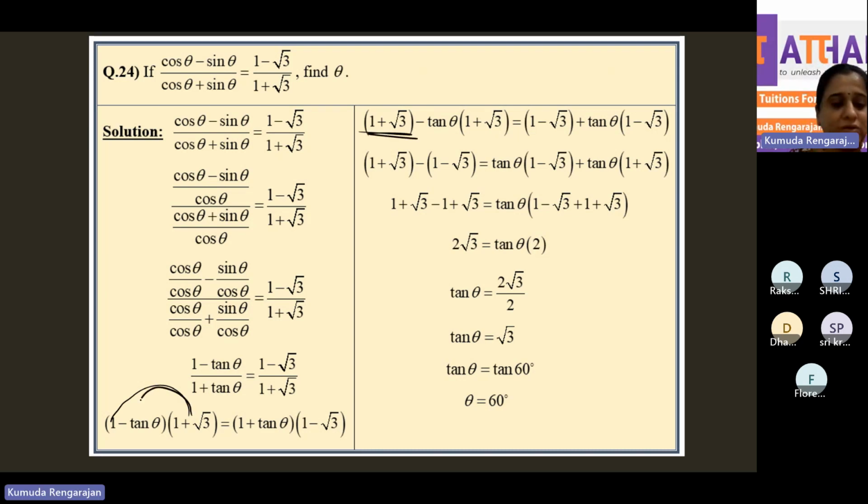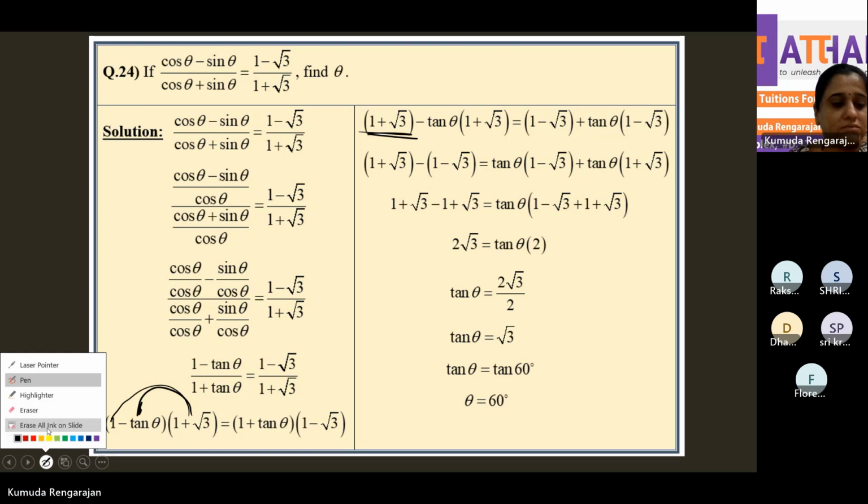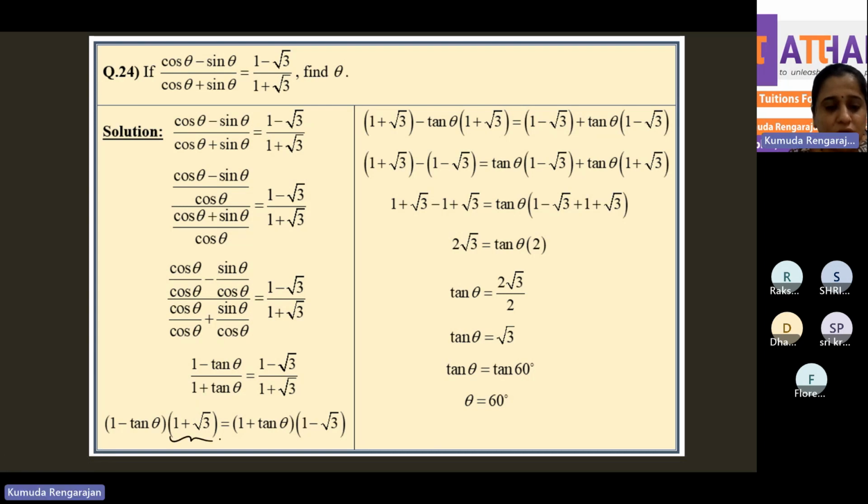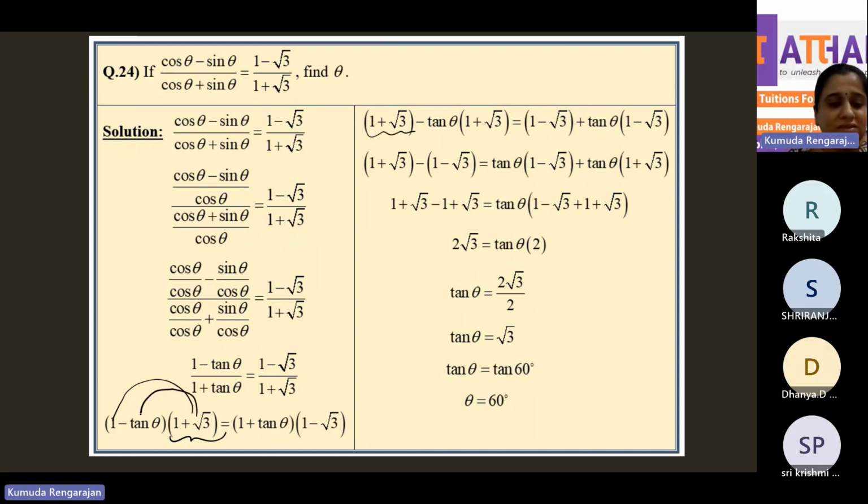Then 1 plus root 3 into minus tan theta, minus tan theta into 1 plus root 3. 1 minus root 3 into 1 is 1 minus root 3. And then minus into plus is minus. 1 minus root 3 into tan theta is tan theta into 1 minus root 3.